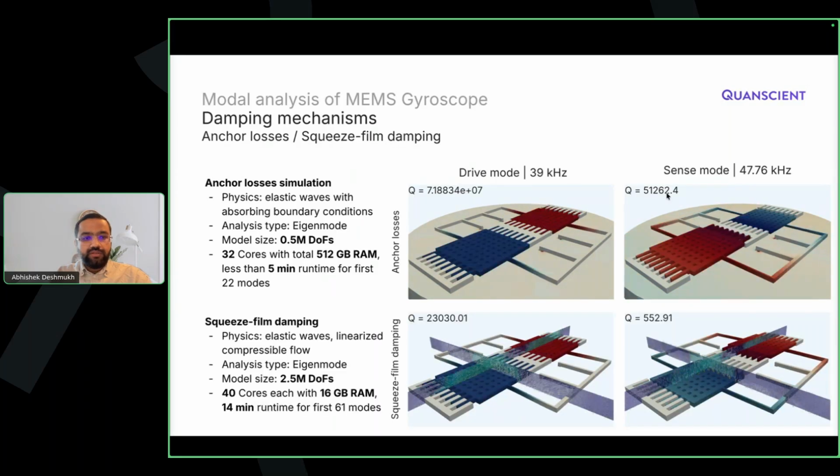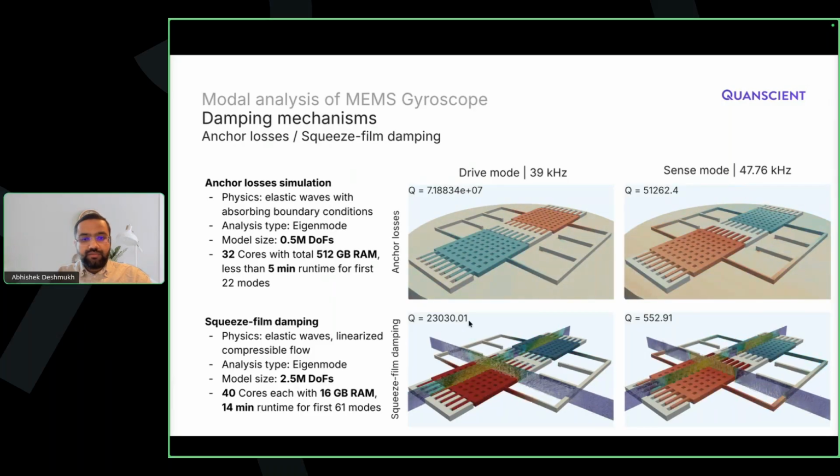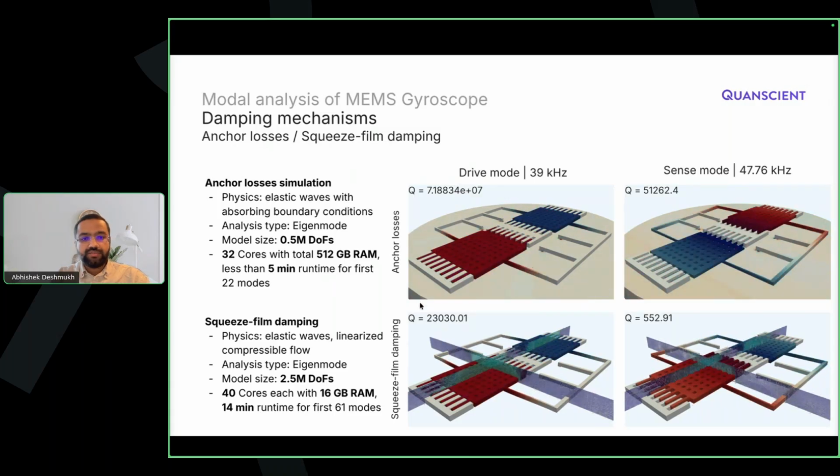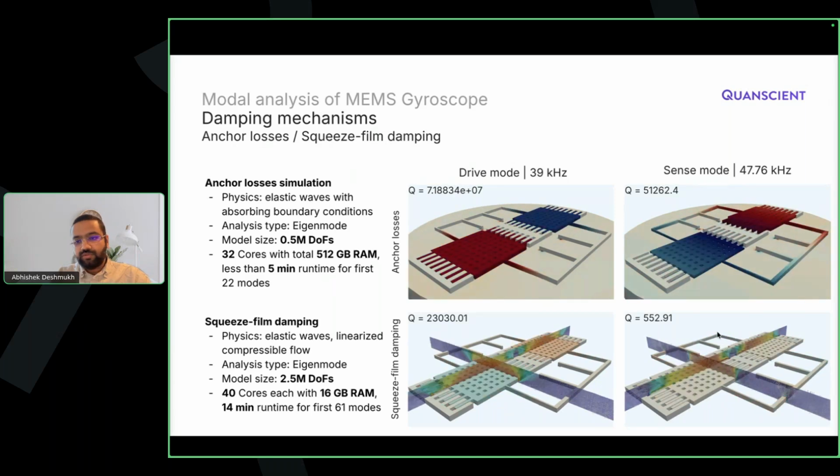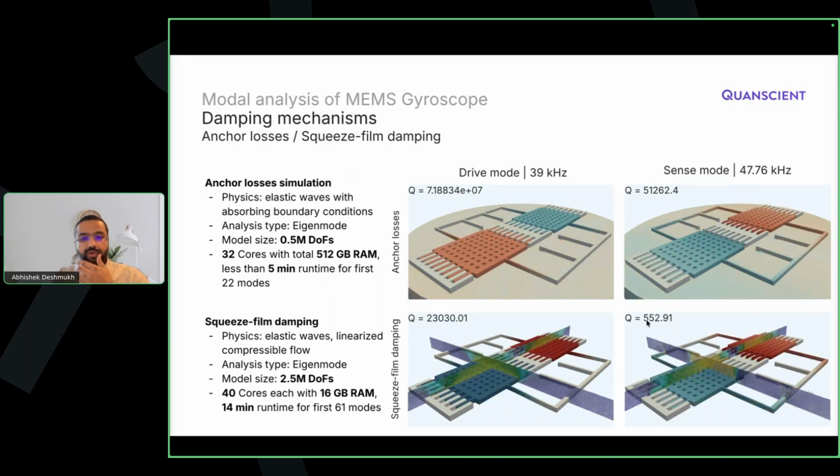When we look at the squeeze film damping, again, two modes here shown side by side. And as you can see, the fluid, or the gas film, has a significant impact. The Q factor has now reduced by a lot here, even in the drive mode, and the sense mode is also reduced by 2 orders of magnitude.